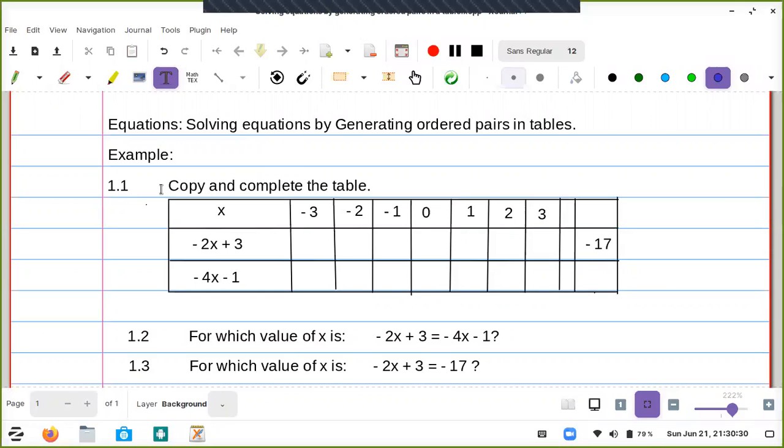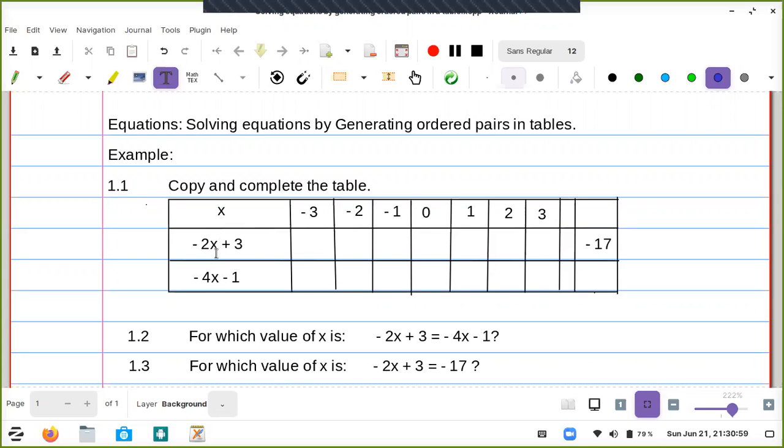1.1 says copy and complete the table. So we are given the x values, which range from -3 to +3. Then we have an expression -2x plus 3. So -2x plus 3 is going to be part of our equation.